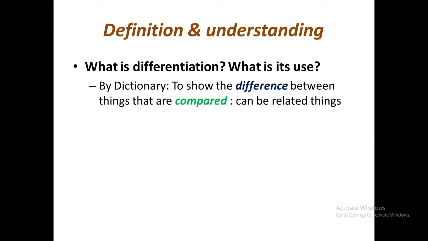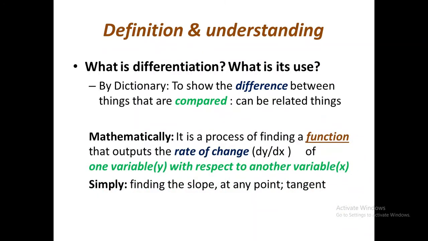These can be related things also. Mathematically, it is a process of finding a function that outputs the rate of change, which is represented by dy by dx, of one variable, say y, with respect to another variable, say x. Simply, it is used for finding the slope at any point or tangent.